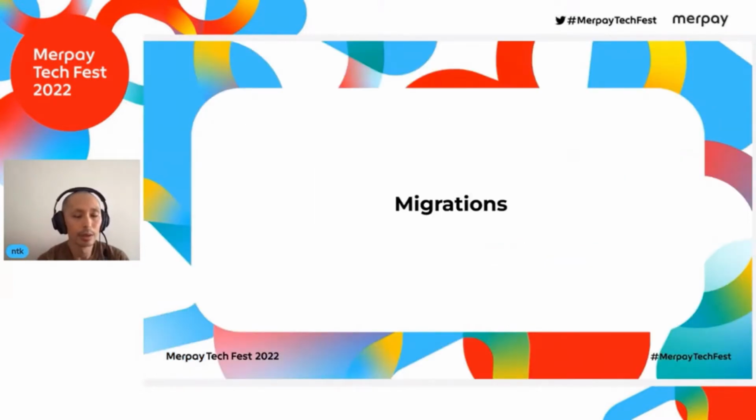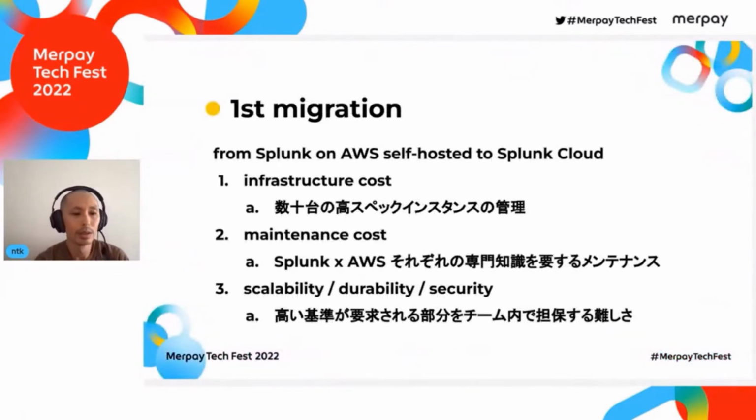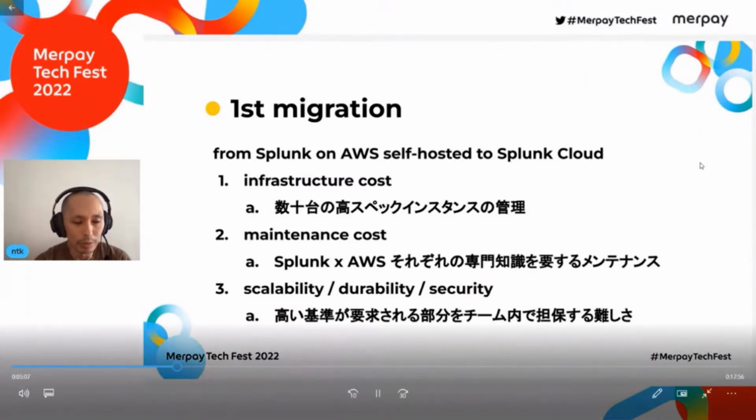So now I explain why we migrated these systems. The first migration was the rule-based fraud detection system, which is Splunk. This happened last year.